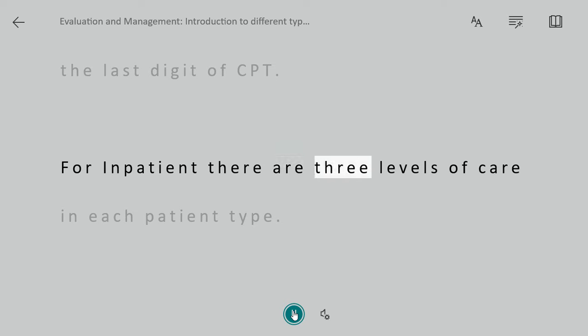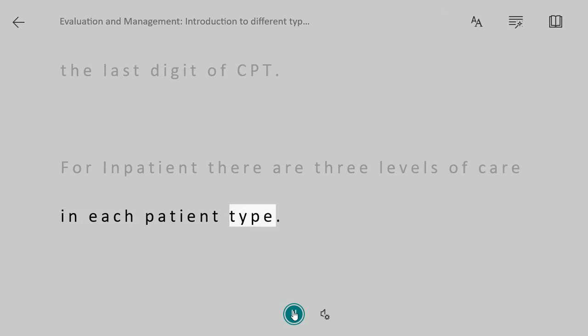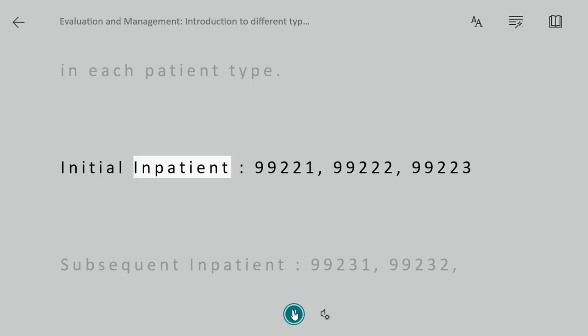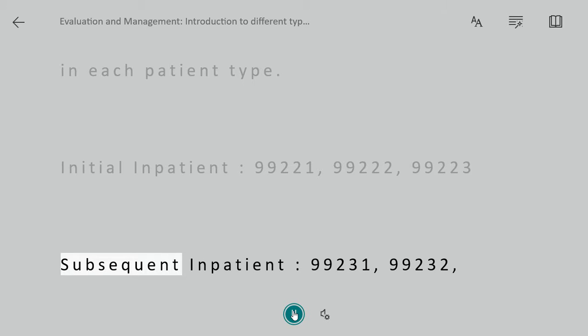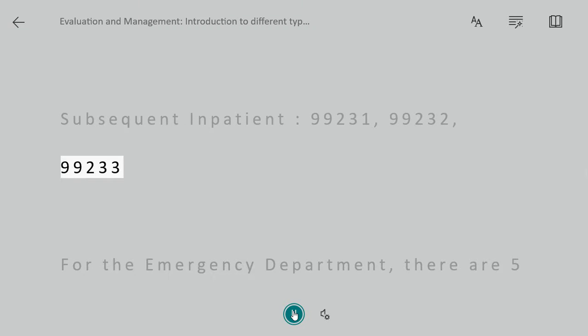For inpatient, there are 3 levels of care in each patient type. Initial inpatient, 99221, 99222, 99223. Subsequent inpatient, 99231, 99232, 99233.